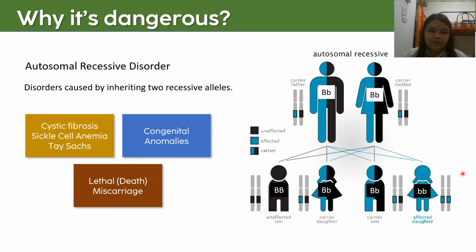And these are the diseases that autosomal recessive disorder can cause, which are cystic fibrosis, sickle cell anemia, Tay-Sachs disease, and it also can cause congenital anomalies, which are abnormalities found when you are born, and it also can cause death. So, next.